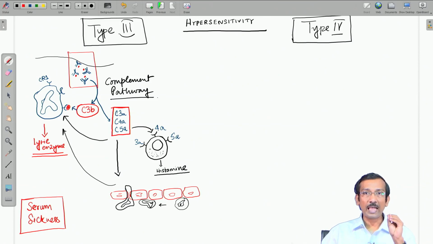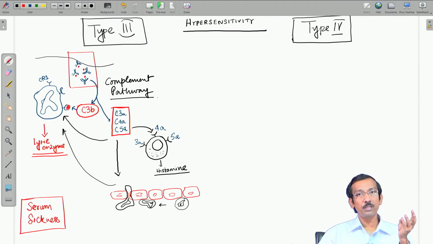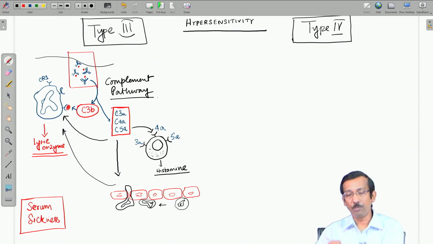That means you have the role of antibodies, be it IgE or IgG, or the antigen antibody complex. We have seen it is mostly elicited from the humoral branch of the immunity.